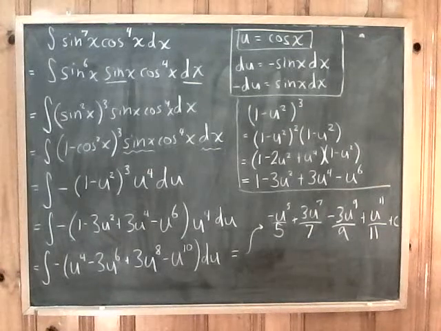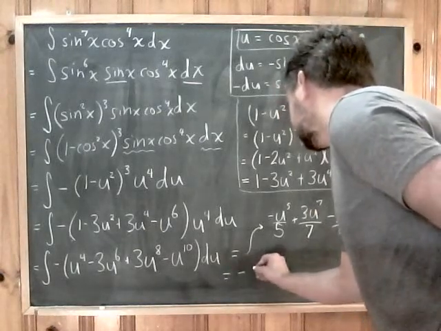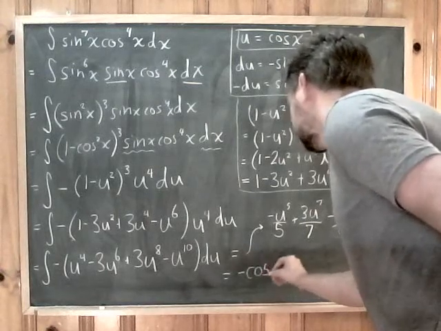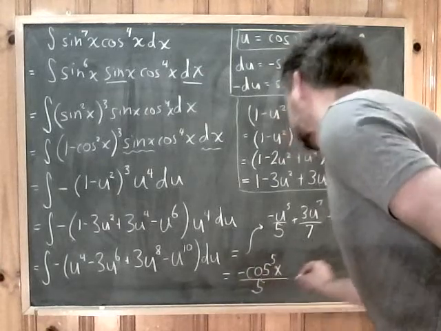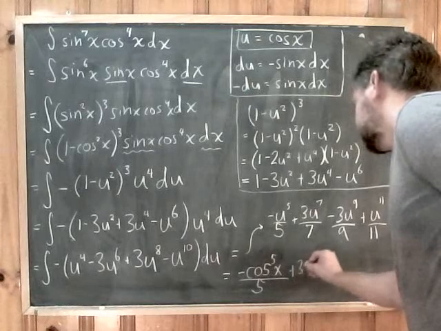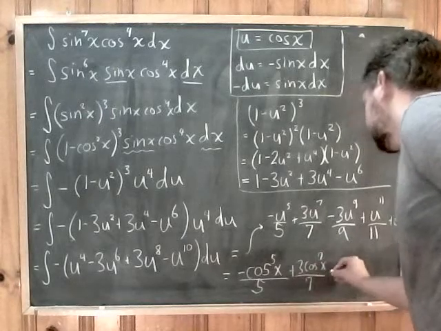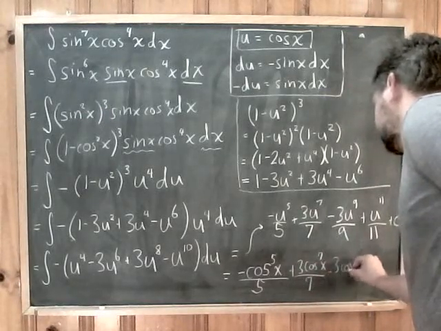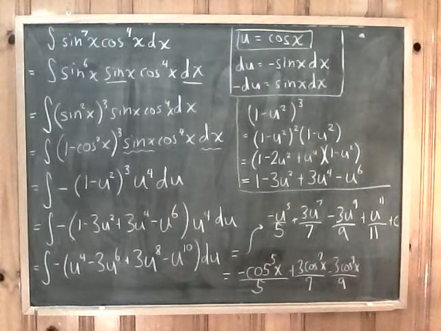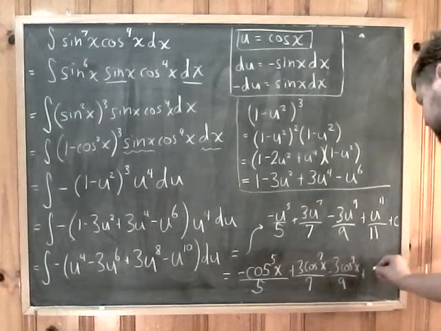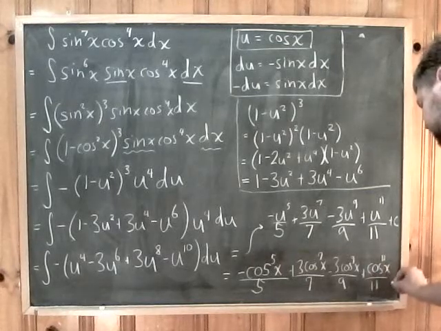And finally, I need to put back in the cosine. So the final answer will be negative cosine to the 5 x over 5, plus 3 cosine to the 7 x over 7, minus 3 cosine to the 9 x over 9, and the last one, plus cosine to the 11 x over 11, plus c.